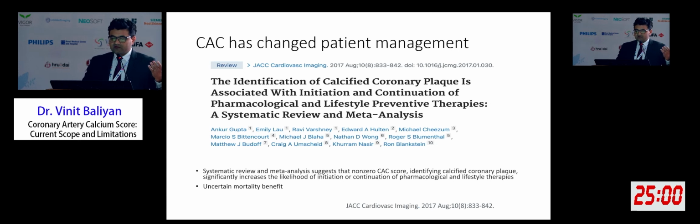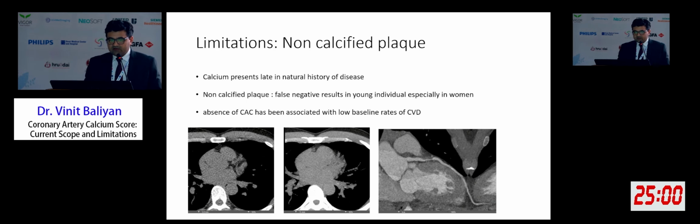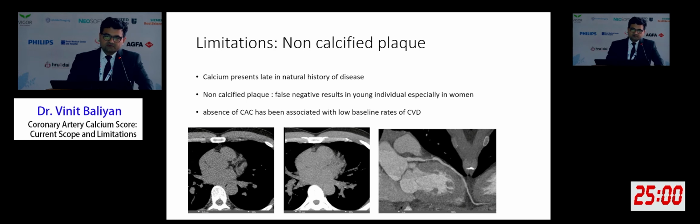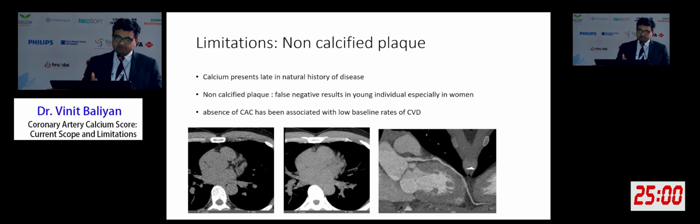But because we have been using them only recently, it is yet to be seen if these pharmacological interventions have actually resulted in any mortality or survival benefit. So coming to the limitations of coronary calcium CT, there is mostly only one, which is that it cannot detect non-calcified plaque.